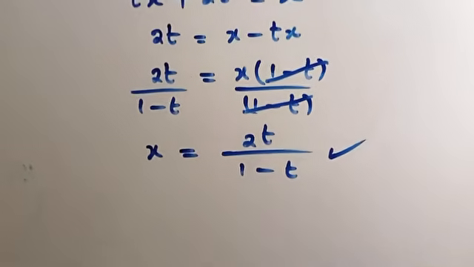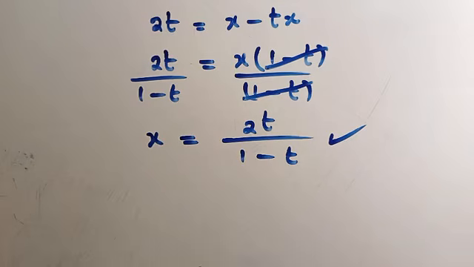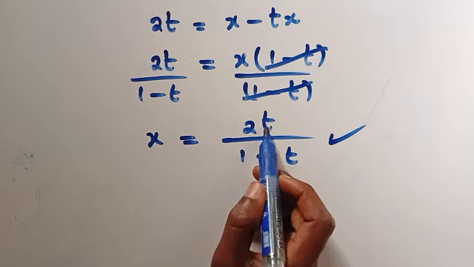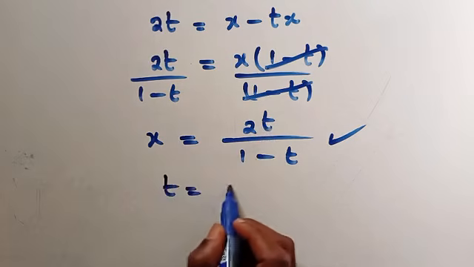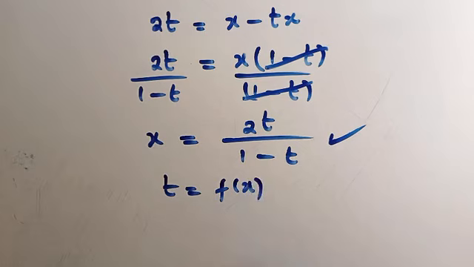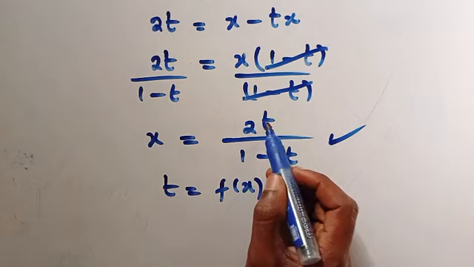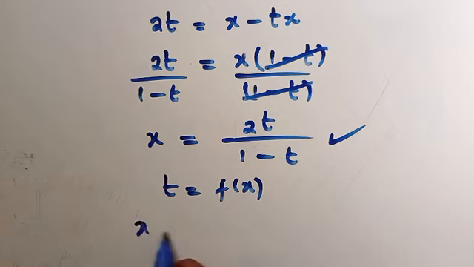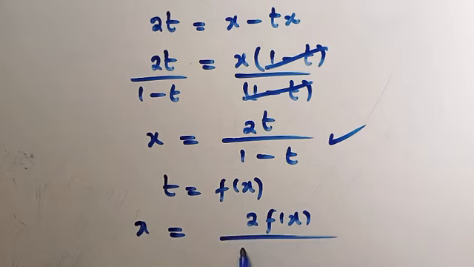So the next step here is we're now going to recall that I called t equal to f of x. So replacing t here with f of x, we have x equals 2 multiplied by f of x divided by 1 minus f of x.